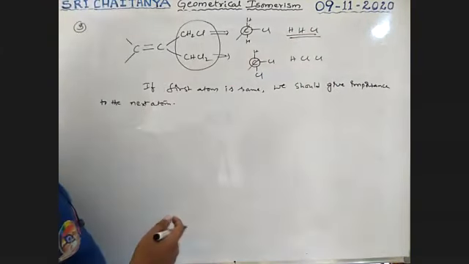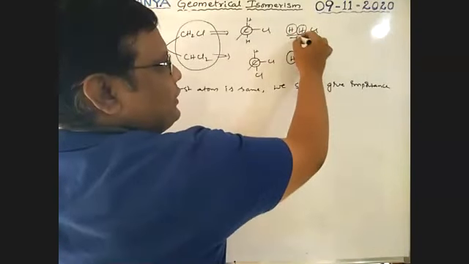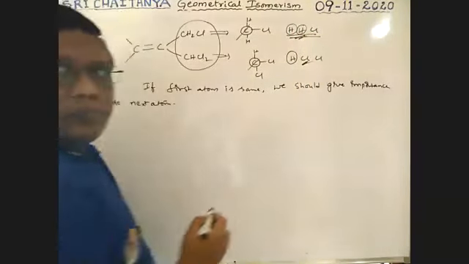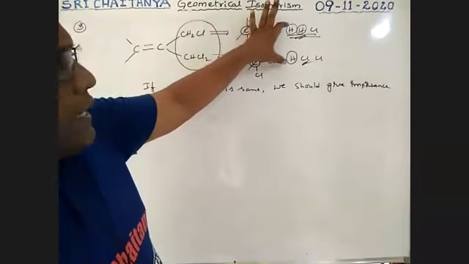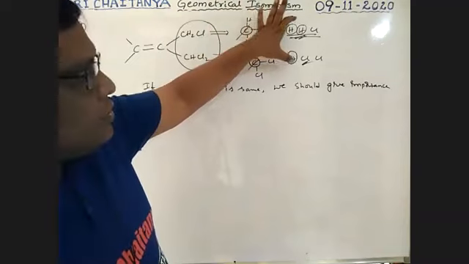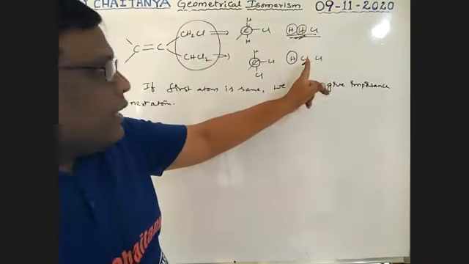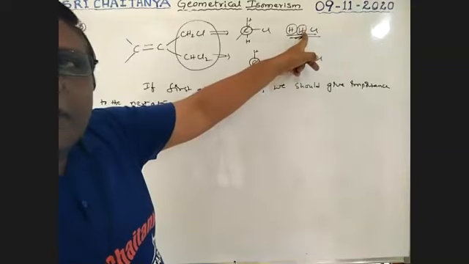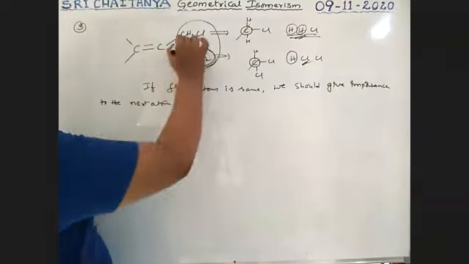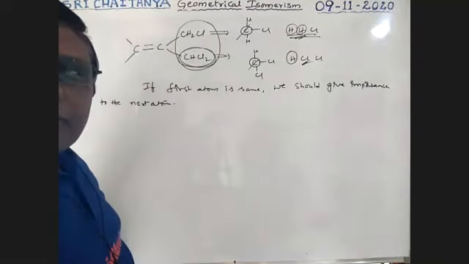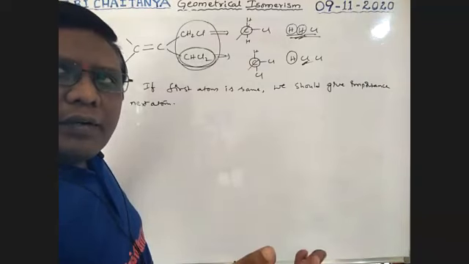So here the first atom is the same, the second atom is also the same. Going towards the third atom: hydrogen, chlorine. Chlorine has the higher atomic number, so it has more priority; hydrogen has less priority. This is the way to identify the priority of the group.